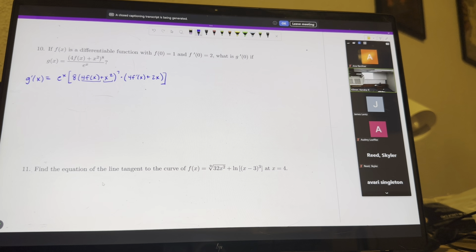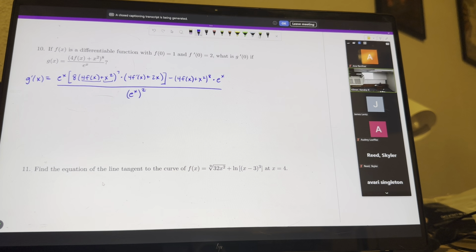So this right here is the bottom function times the derivative of the top, minus the top, 4f of x plus x squared to the 8th, times the derivative of the bottom, and the derivative of e to the x is just e to the x, all over the bottom squared. So I used the quotient rule, and then within the quotient rule, when I got to the point of finding the derivative of the top, I used the chain rule.